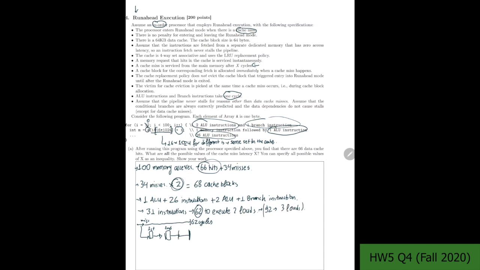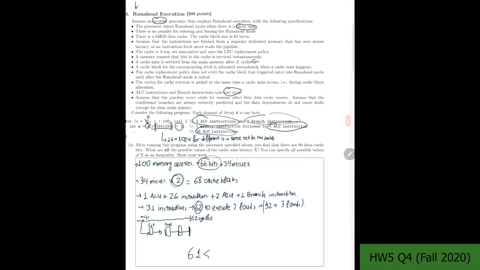Then it will prefetch 3 blocks. If it prefetches 3 blocks, then this will not be 66 hits, it will be a different number. So the number for the total latency will be between 61 and 93.